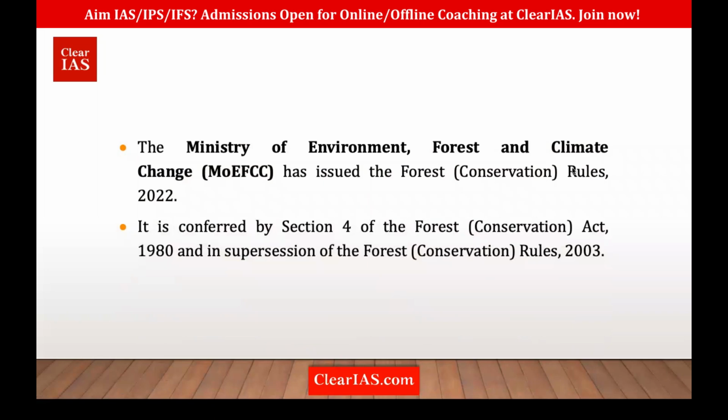They supersede the Forest Conservation Rules of 2003. Earlier there were the Forest Conservation Rules of 2003, which are replaced by the latest Forest Conservation Rules of 2022.